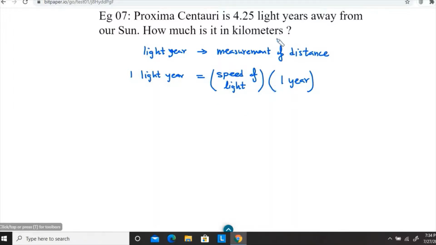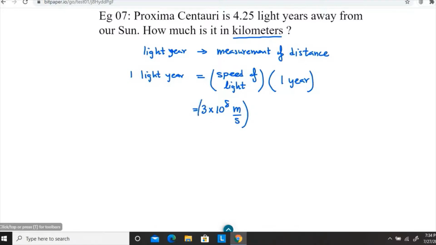Now since they are asking the answer in kilometers, I will have to convert the speed of light in terms of kilometers. Usually speed of light is written as 3 times 10 to the power 8 meters over seconds.